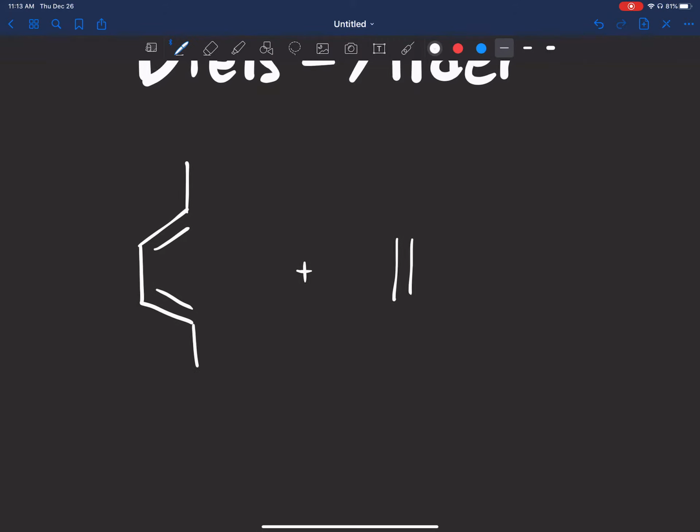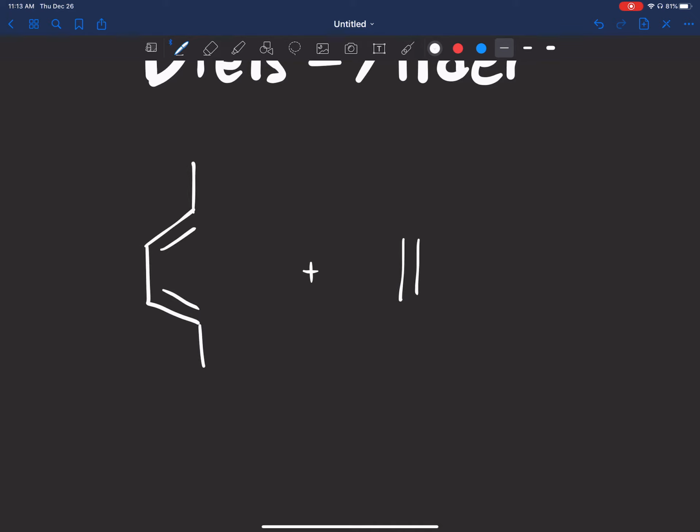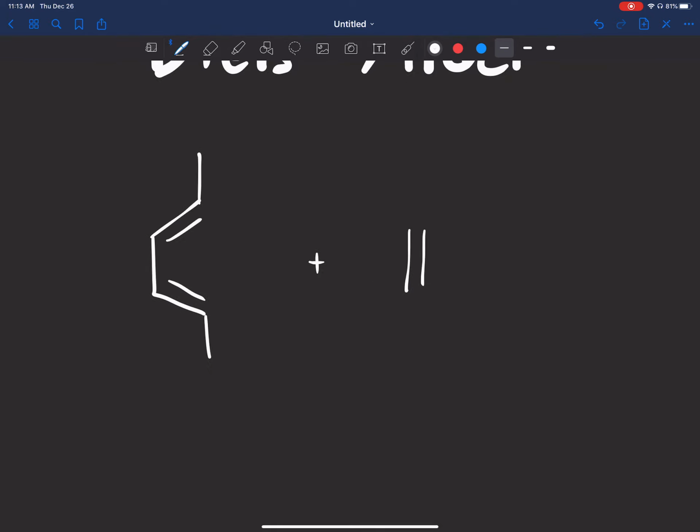But like we did for the dienophile, we want to look at those two electron withdrawing groups together. If they're both facing the same side, they have the same stereochem. If they're opposite, they have opposite stereochemistry. In this case, those methyls are on the same side of each other. They're both trans to the rest of the diene.